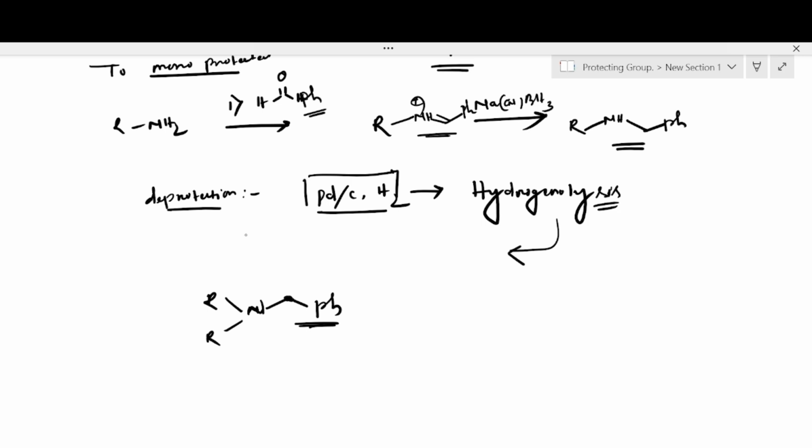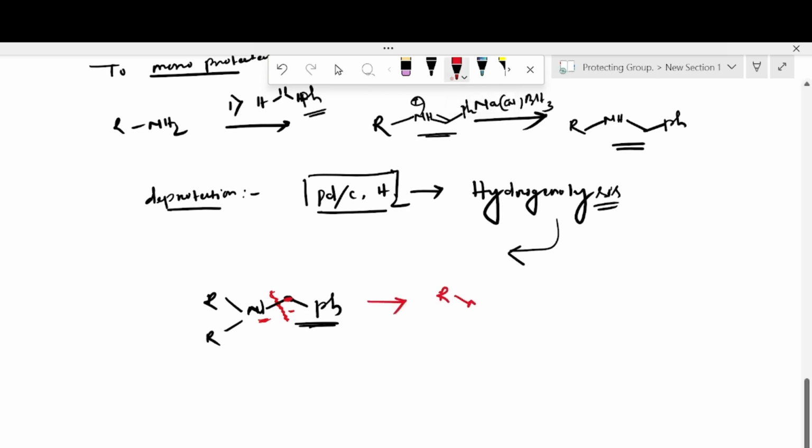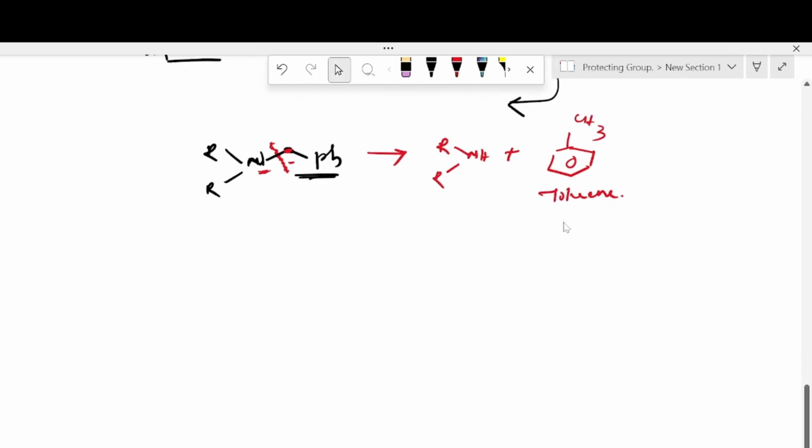So when we use hydrogenolysis conditions, it cleaves the bond between the benzylic carbon and that functional group, that is, the bond between the nitrogen and the benzylic carbon. Then the products become the amine and PhCH3. What is it called? It is called toluene. So this is one of the protecting groups of amine.